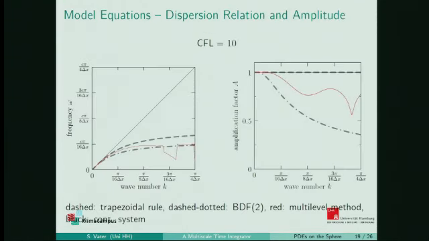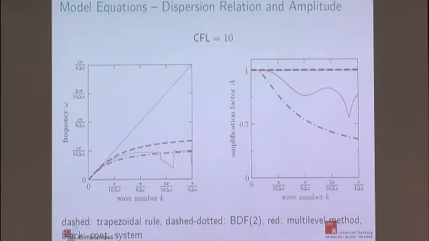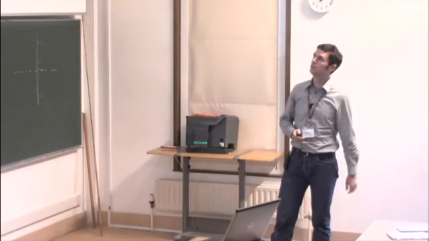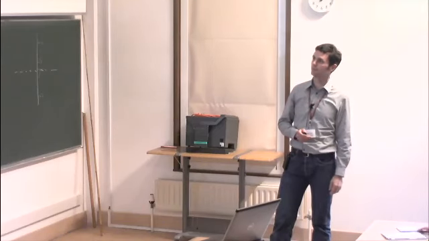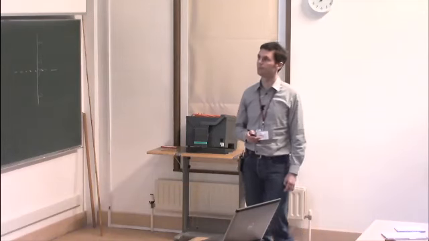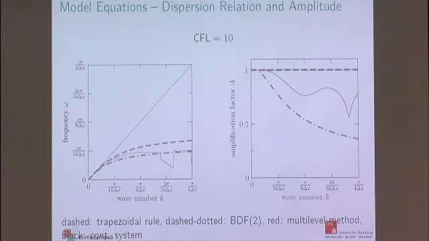So now, I tried to get a dispersion relation for the multi-level scheme, which is not so easy actually, because the eigenfunctions are not the cosines and sines, as this is the case for the trapezoidal rule and the BDF scheme. And so here I just did it numerically using these sines and cosine functions.